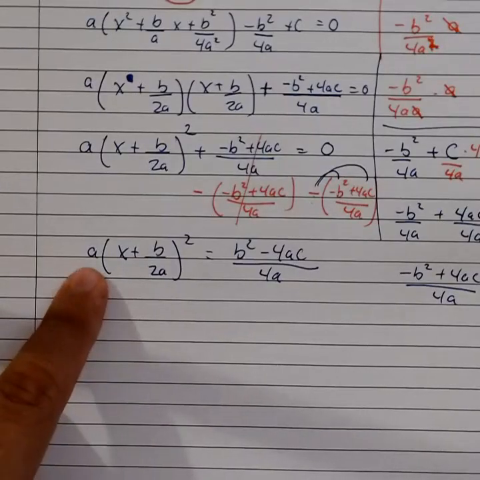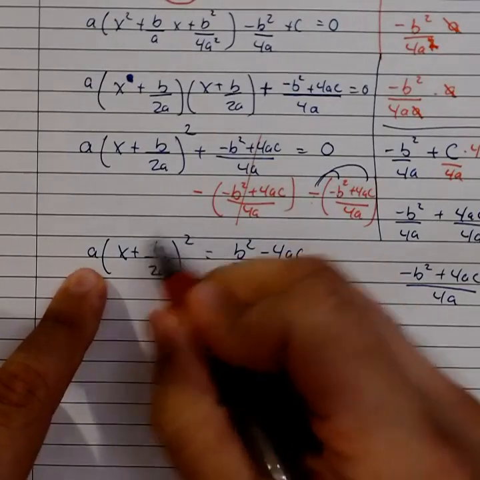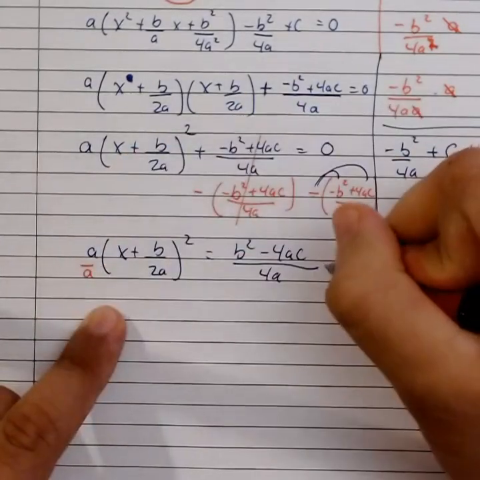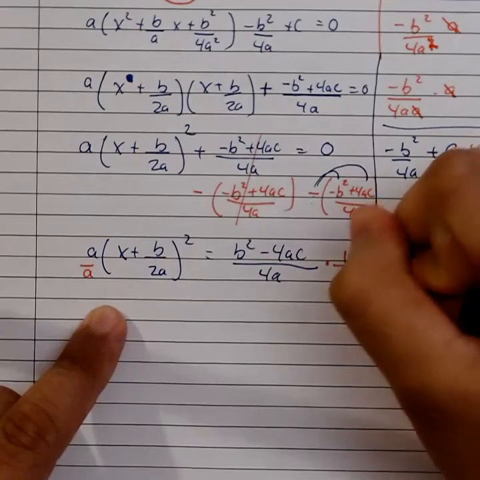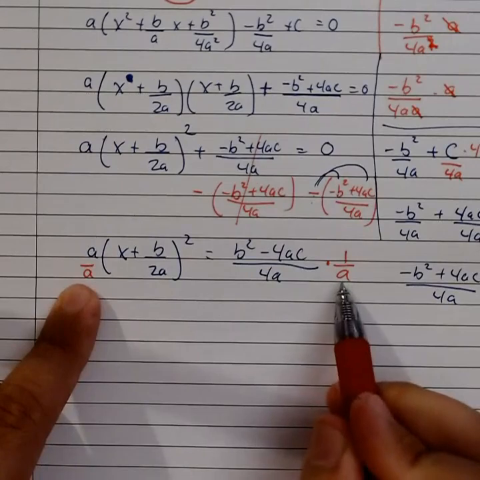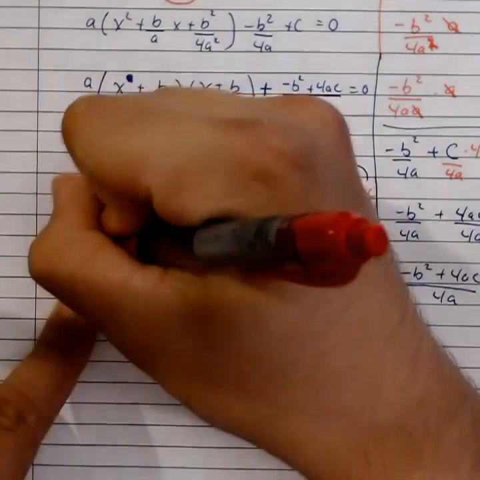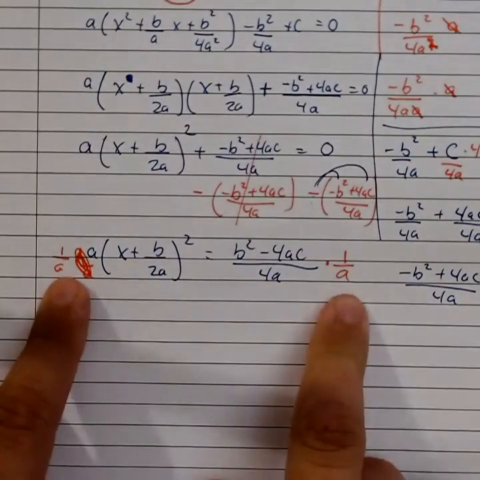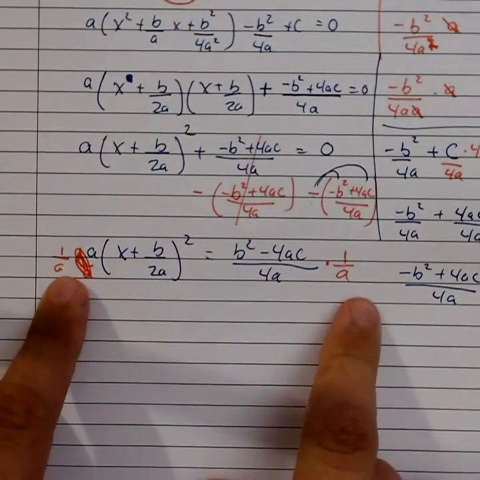Okay, here, let me get rid of that a too. Whenever I take a square root, I need just this part by itself. So let me divide this by a, and let me go ahead and divide over here by a. I have an a in the denominator here, and I have an a in the denominator here. Let me write it this way. I have 1 over a and 1 over a. Same thing on both sides of the equation.